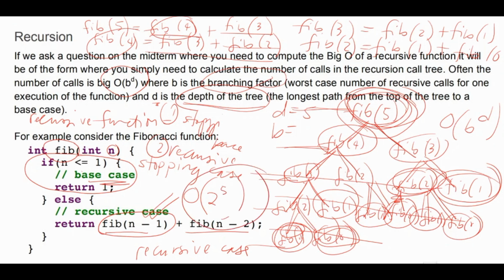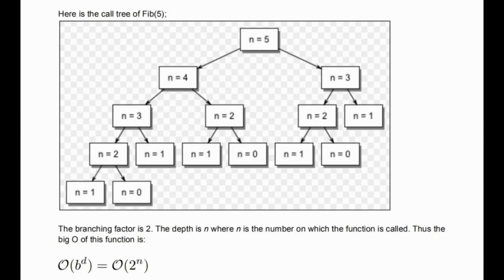Right? That is the big O of fib5. So here it is, the tree that we construct when we call fib5. So it calls fib4, fib3, fib4 calls fib3, fib2, fib3 calls fib2 and fib1, fib3 calls fib2 and fib1, fib2 calls fib1 and fib0, fib2 calls fib1 and 0, fib2 calls fib1 and 0.